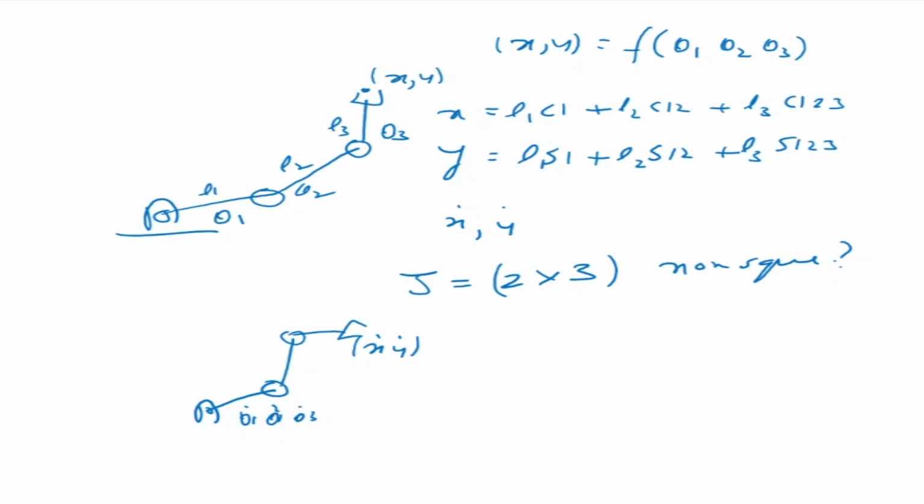What about forces? Suppose there is a static force F acting at the end effector. Is there some relation between the end effector force and the joint torques, that's tau 3, tau 2, and tau 1? Is there any relation between the torques at the joints and the forces acting at the end effector?